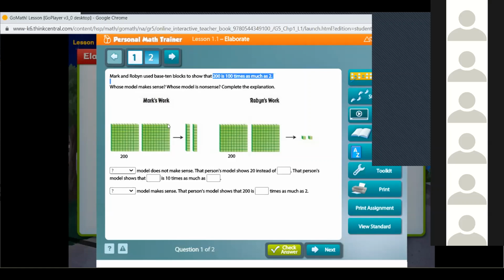Robin. Excellent, Jana. Because 200 is 100 times as much as 2. 2 means 2 ones. That's why. So whose model is correct? Robin's. Who does not make sense? Mark. So Mark's model does not make sense.